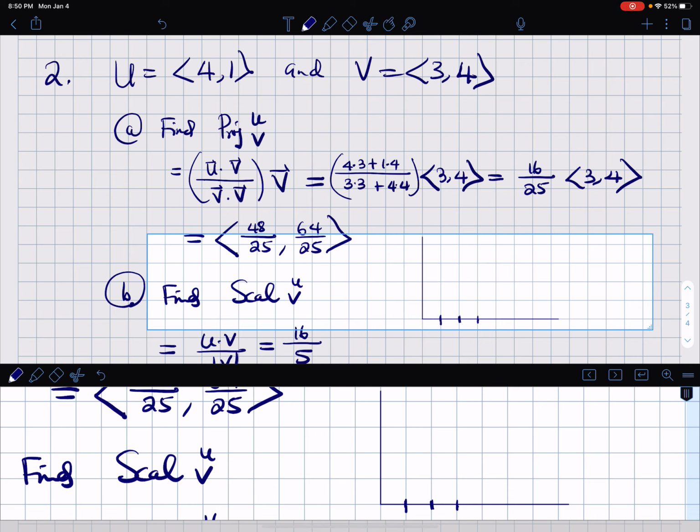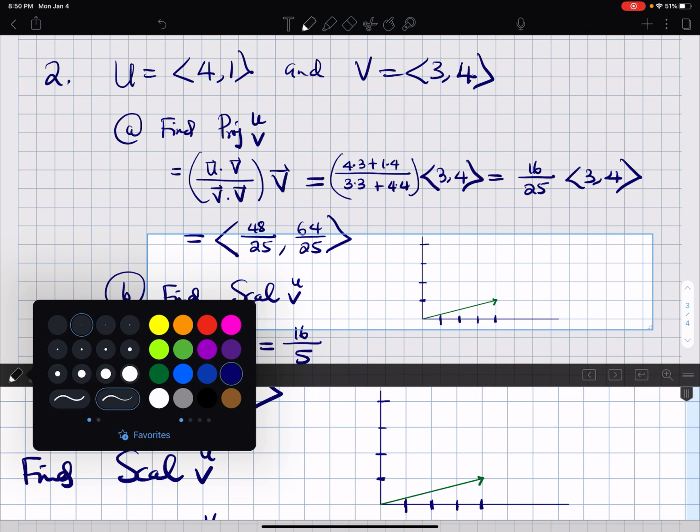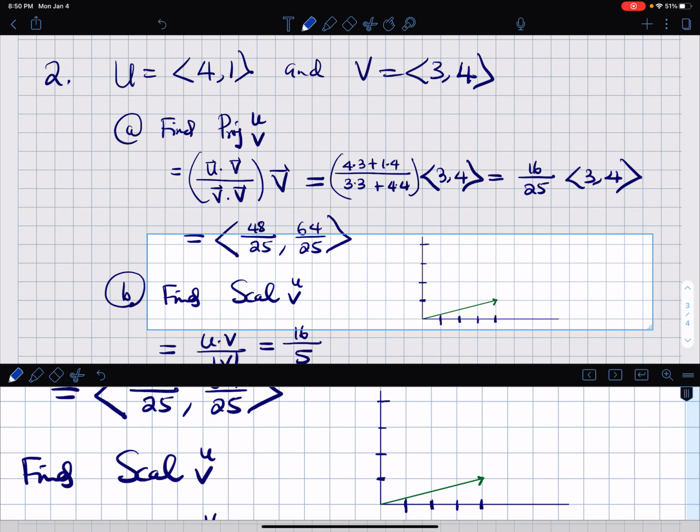This is our U, the green vector. And then V is (3, 4). 1, 2, 3, 4, and then 3 and 4. Let's use blue.